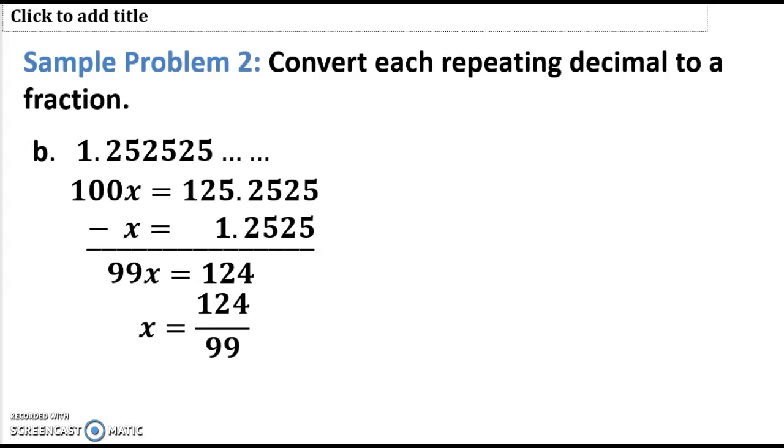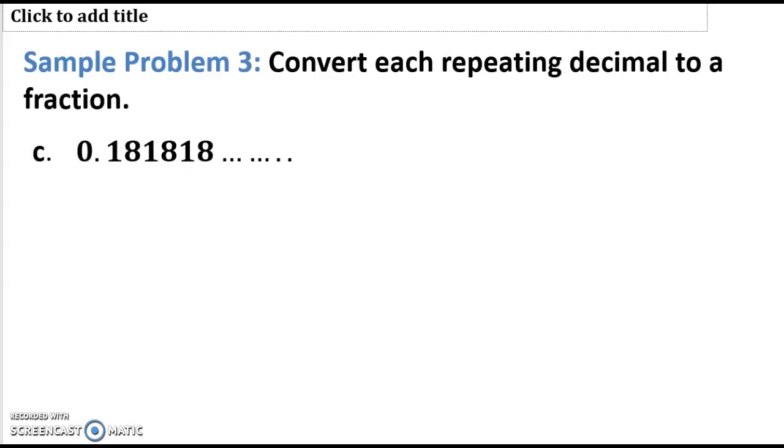Remember the coefficient in front of the x is 1. So 100 minus 1 gives us 99. And notice on the right-hand side, when I subtract out the decimals, they cancel each other out. And then I have 125 minus 1, which is 124. I divide both sides by 99.